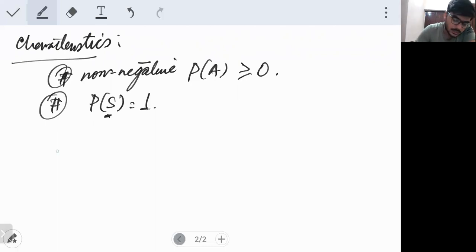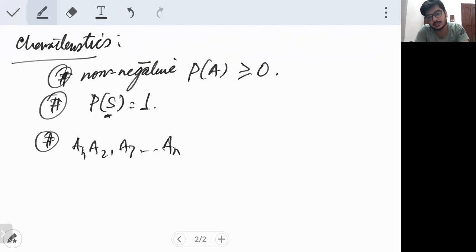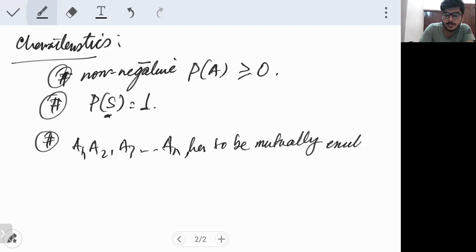What is the third thing? Suppose there are mutually exclusive events, that is A1, A2, A3, up to An. All of them are mutually exclusive. We have discussed what mutually exclusive is. That means there is no intersection point between A1, A2, or any of the events. So A1, A2, and An have to be mutually exclusive.